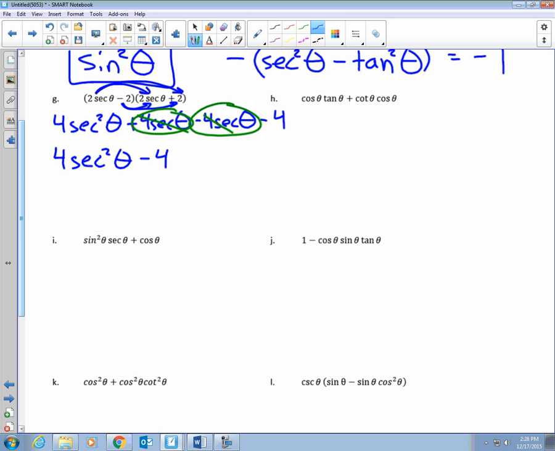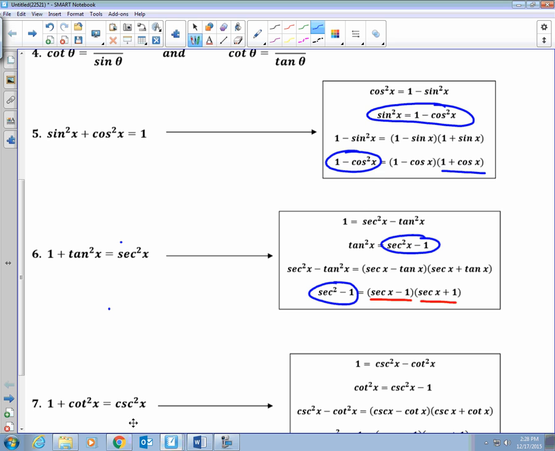minus 4. Uh-oh. I don't have a 4 secant squared minus 4 in my notes. What do I have that's similar to it? Yes, if you look at your notes, you have a secant squared minus 1.